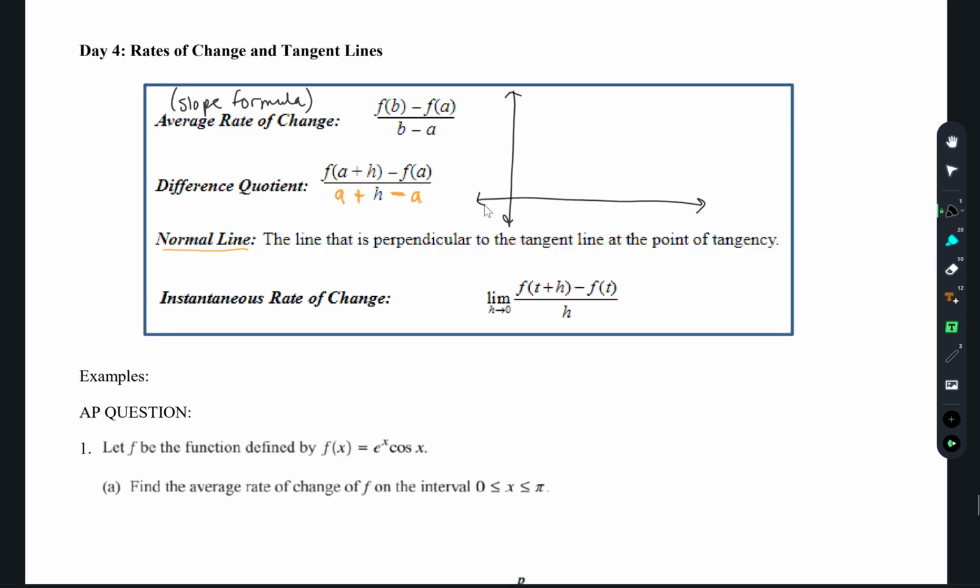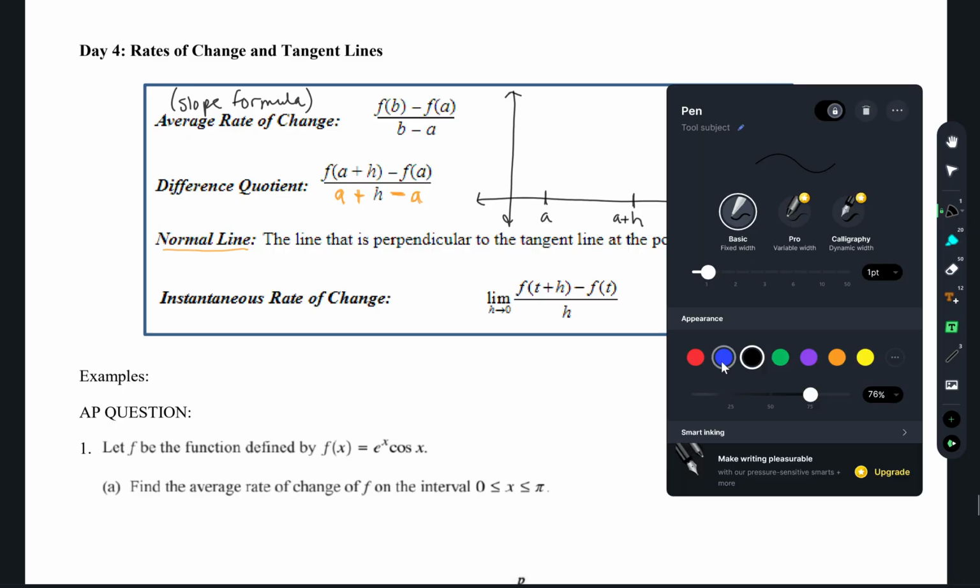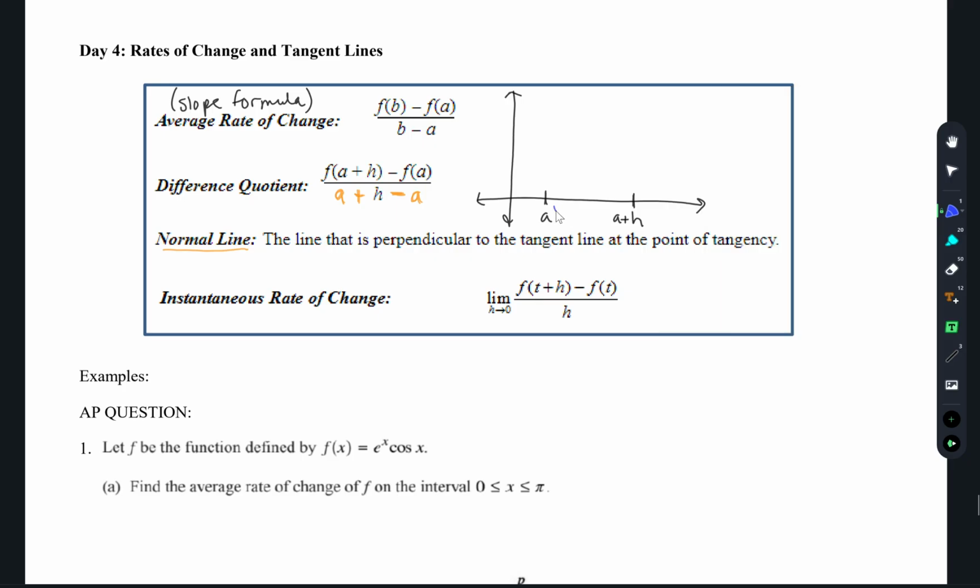If you drew a little picture, this is a, and when you do a limit with that distance being h, that distance is tiny, tiny, tiny.